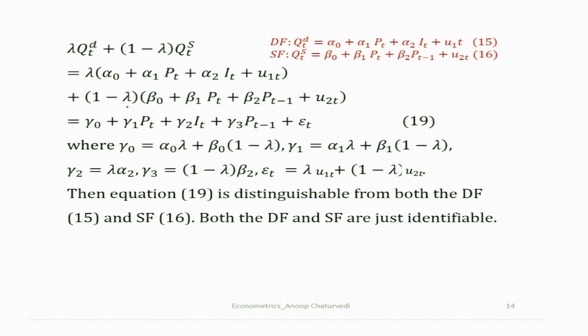And then you get this equal to gamma naught plus gamma 1 p t plus gamma 2 I t plus gamma 3 p t minus 1 plus epsilon t, where gamma naught is equal to lambda alpha naught plus 1 minus lambda beta naught. Gamma 1 is equal to lambda alpha 1 plus 1 minus lambda into beta 1. Then you have gamma 2 equal to lambda alpha 2, and gamma 3 is equal to 1 minus lambda beta 2, and epsilon t is equal to lambda u 1 t plus 1 minus lambda u 2 t.